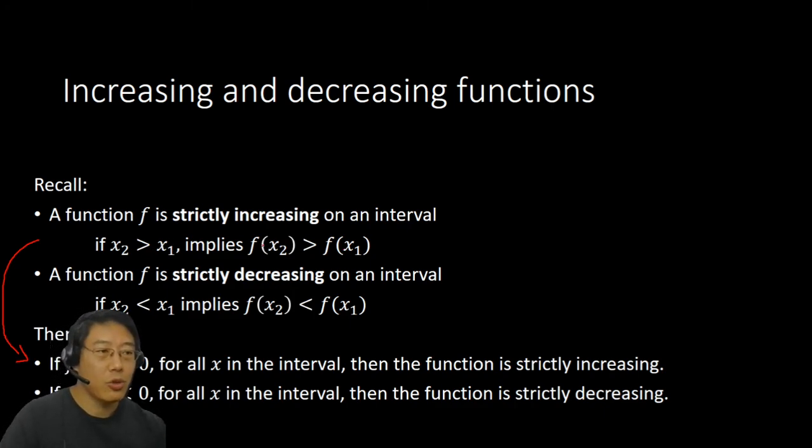If it's positive, then you know that the function is strictly increasing. As you get better at using the first derivative, this is a quicker way to determine if a function is strictly increasing or decreasing, instead of looking at your inequation of the y coordinates.